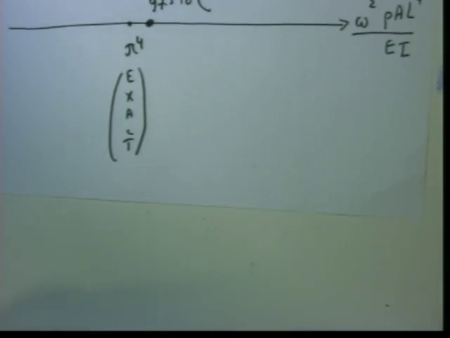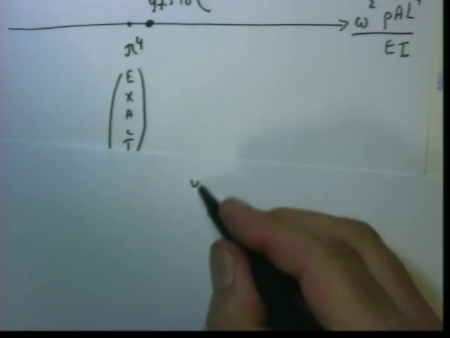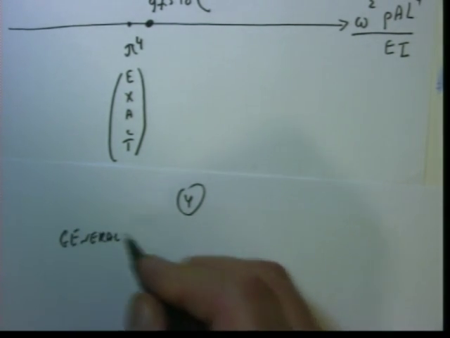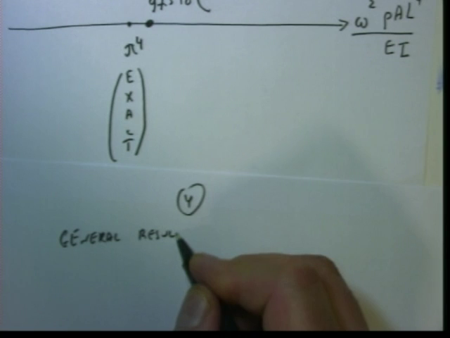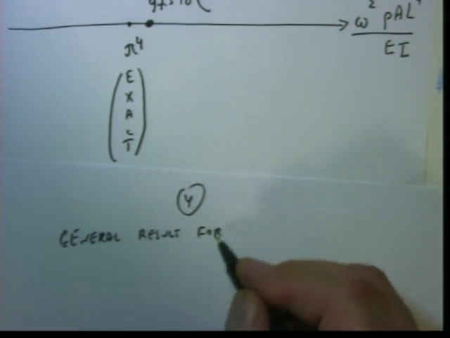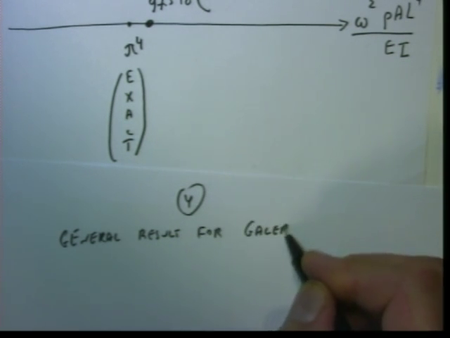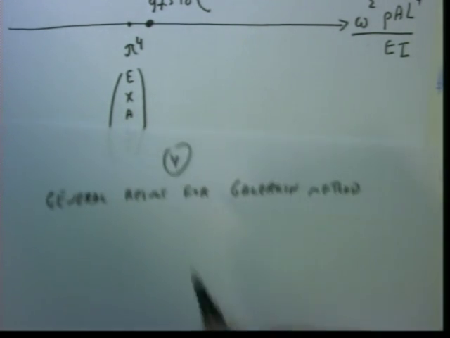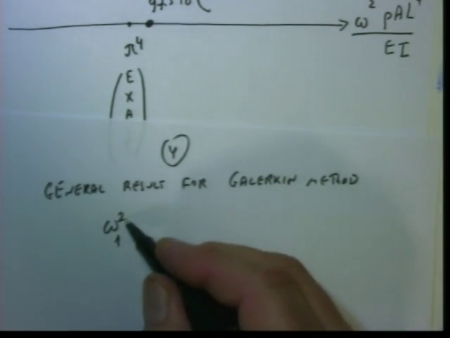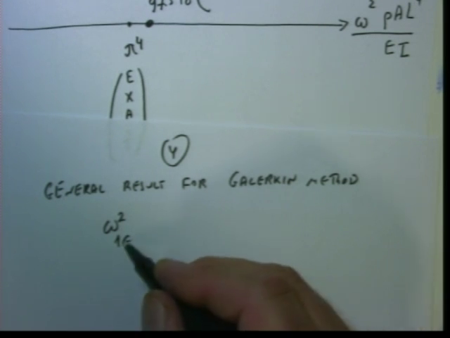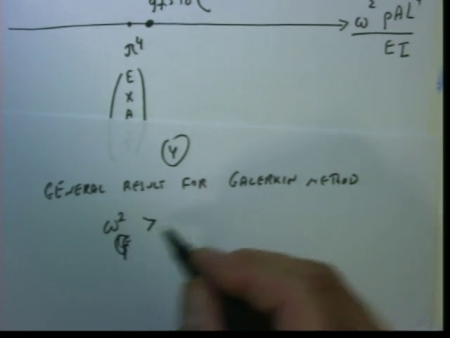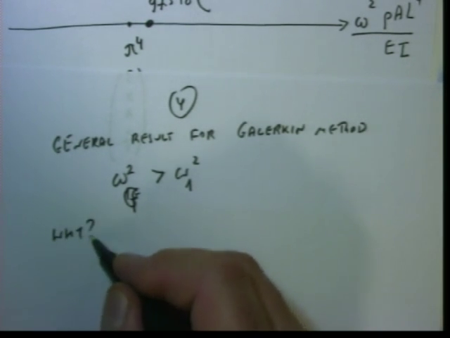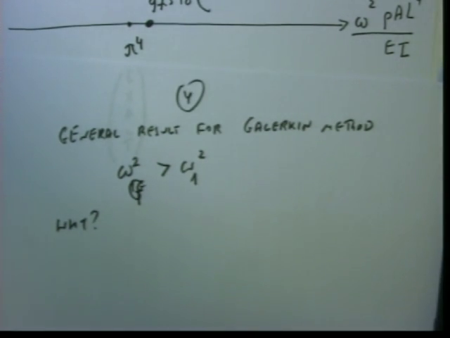So this is actually a general result for Galerkin method. And that means omega 1 square Galerkin, or just omega Galerkin, is greater than omega 1 square. Why? Why is this?